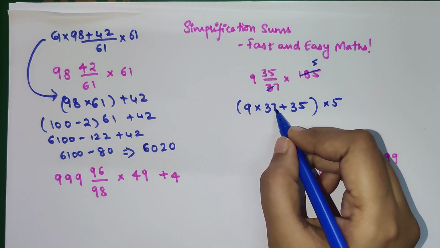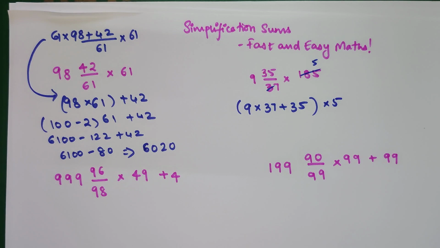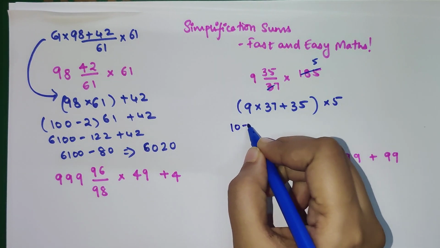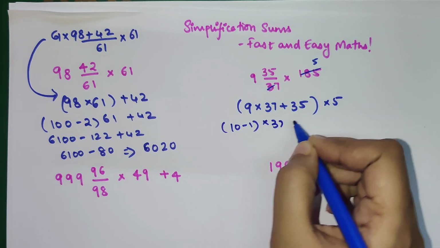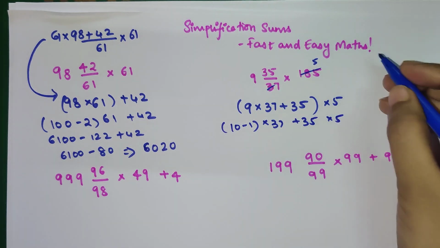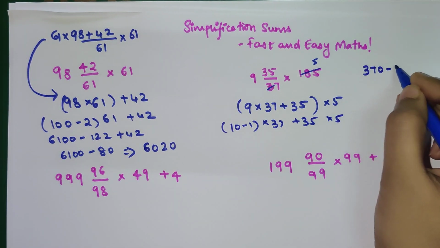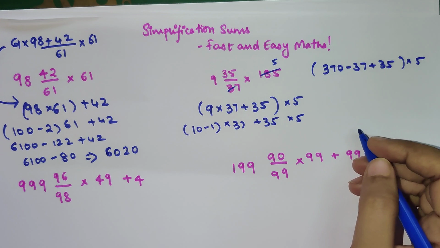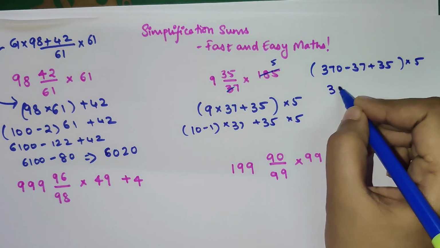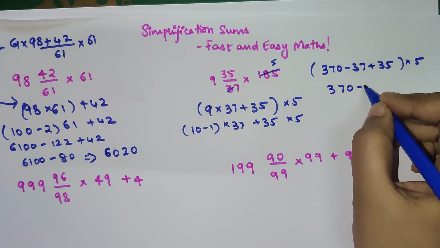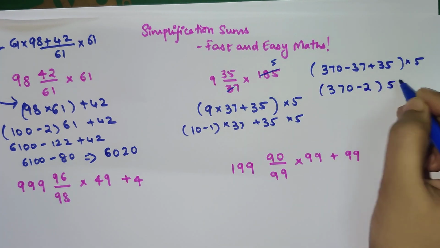Now 9 into 37 can be done orally, but I would rather stick to 10 minus 1 into 37 plus 35 into 5. So basically I am getting 370 minus 37 plus 35, which gets you minus 2 into 5.